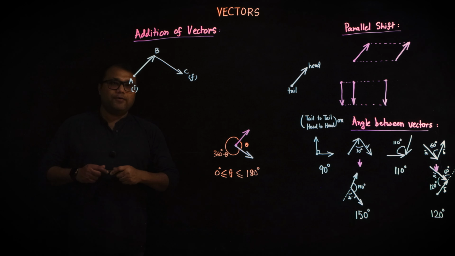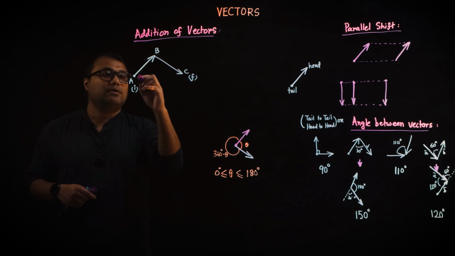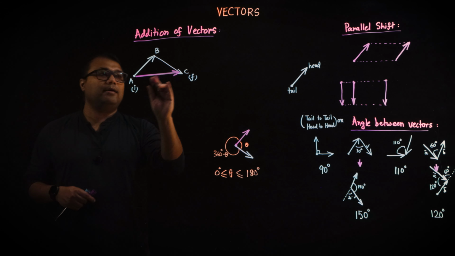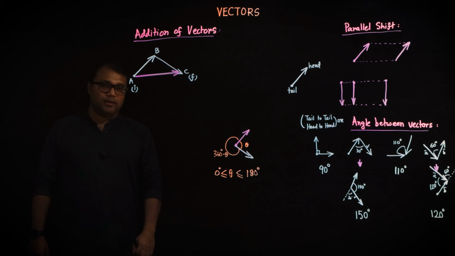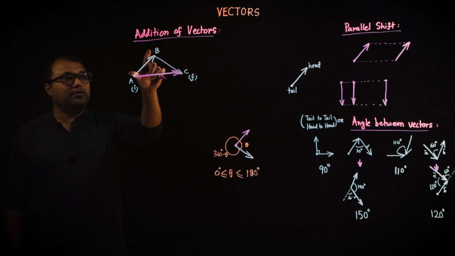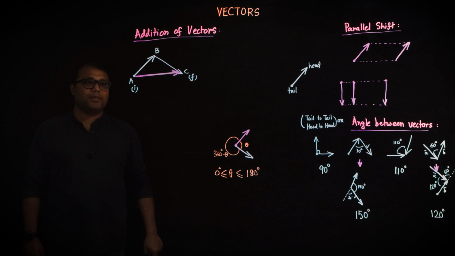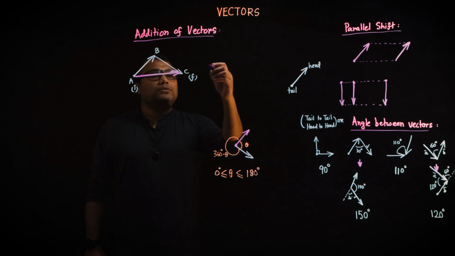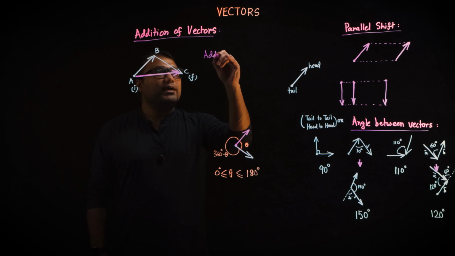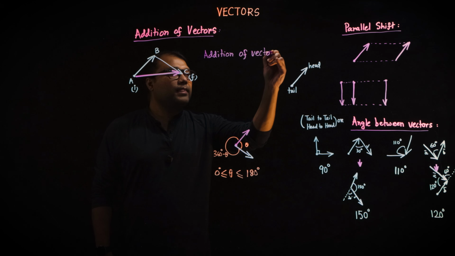Okay, how do I find it? My displacement in this case will be from A to C. I started at A, I ended at C. This is the addition of this vector and this vector. The addition of vectors has a special name.